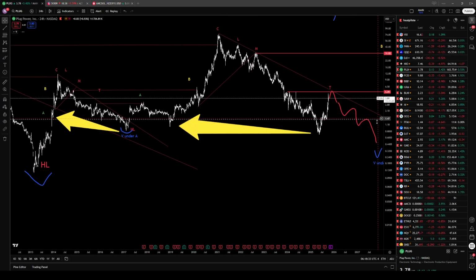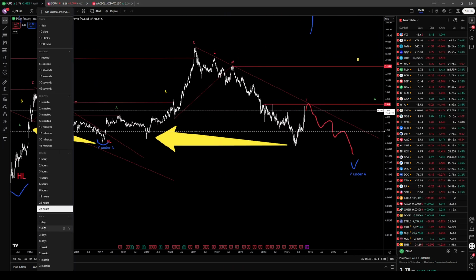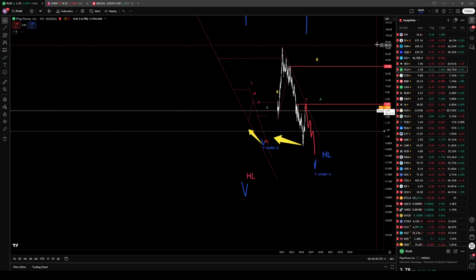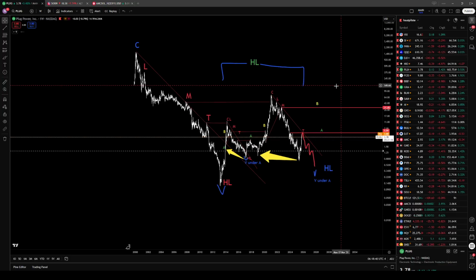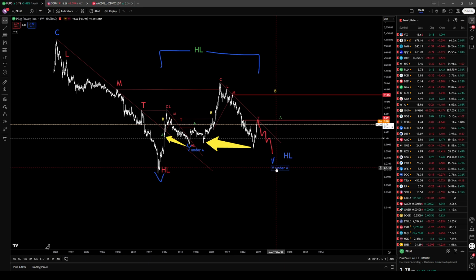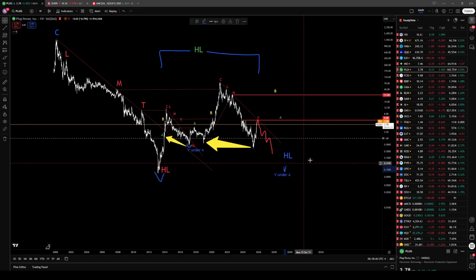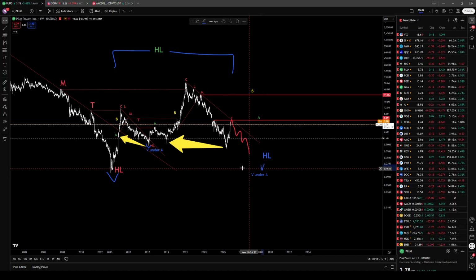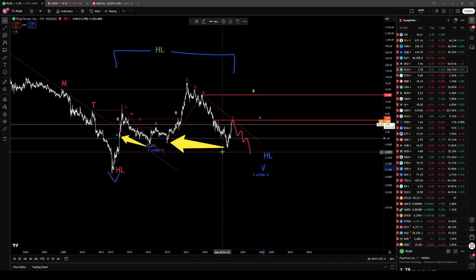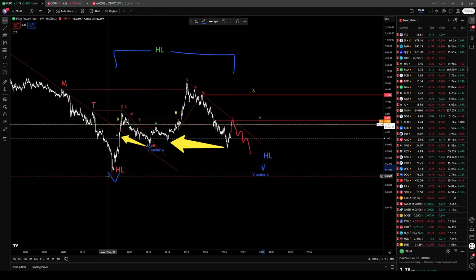In this case, because we are tracking that this whole thing is a higher low, I would expect that our next V under A, which is anything in between this, should make a higher low than this.